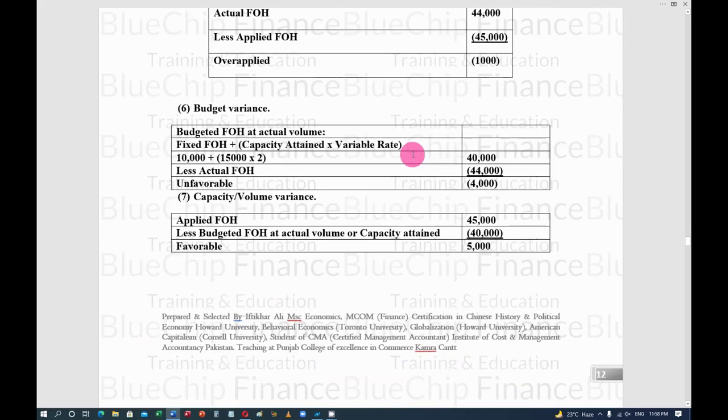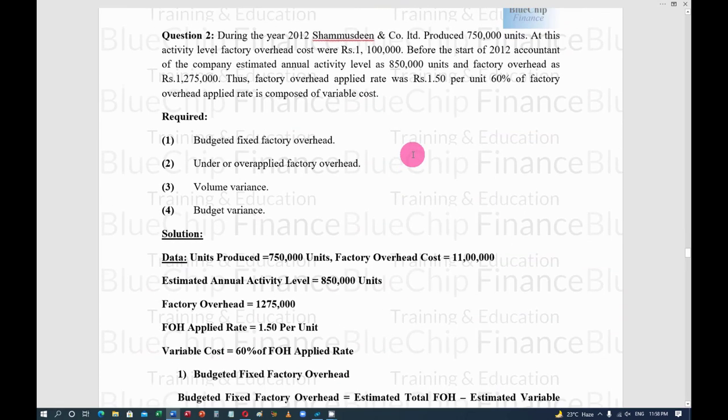The second question of this paper, which also appeared in paper 2019, is that during the year 2012, Shamsuddin and Company Limited produced 750,000 units. At this activity level, factory overhead cost was rupees 11 lakh.